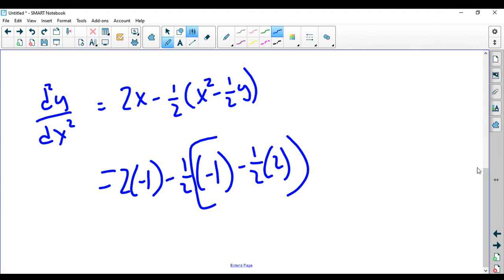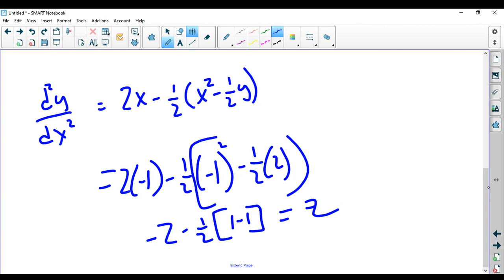I missed that. That's negative 1 squared, right? Be careful here. So this is negative 2 minus 1/2 times 1 minus 1 again, which wasn't surprising. This is just negative 2.